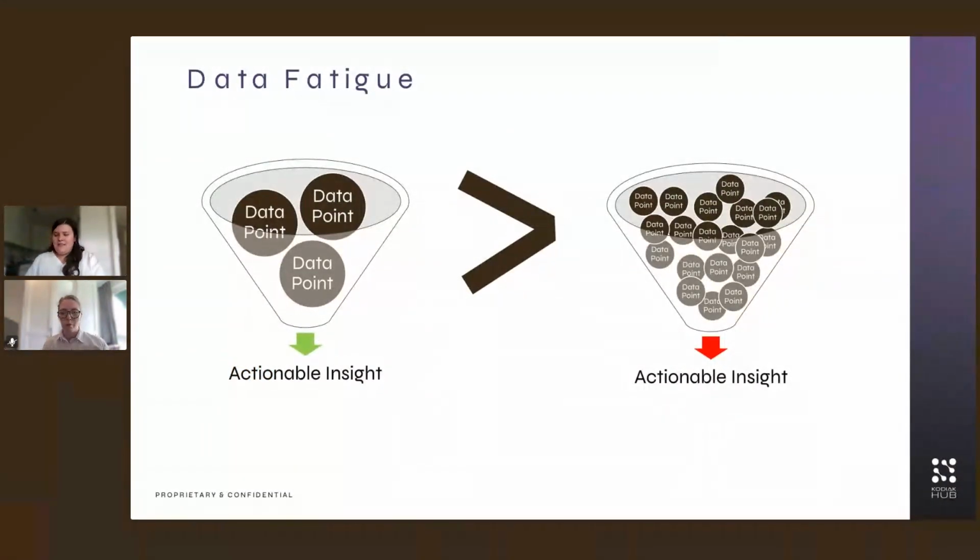So continuing with data fatigue, if you have a really good setup, just a specific number of data points or resources that you need to analyze, it's easier for the user to have actionable insights, right? It's easier for them to know what to do next. Instead, if you have too many data points, maybe the user doesn't know how to interpret them. They don't know how to start, and they get a little bit lost in the amount of data that is out there.